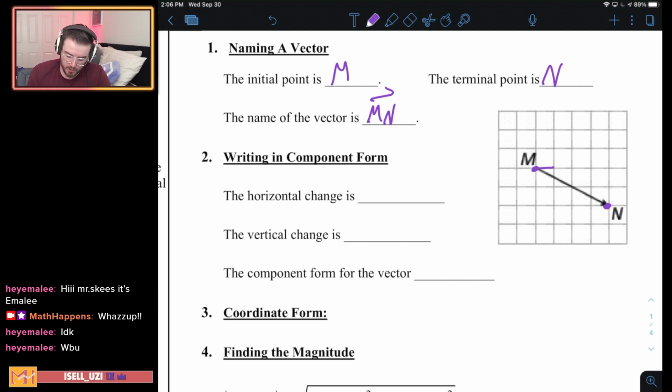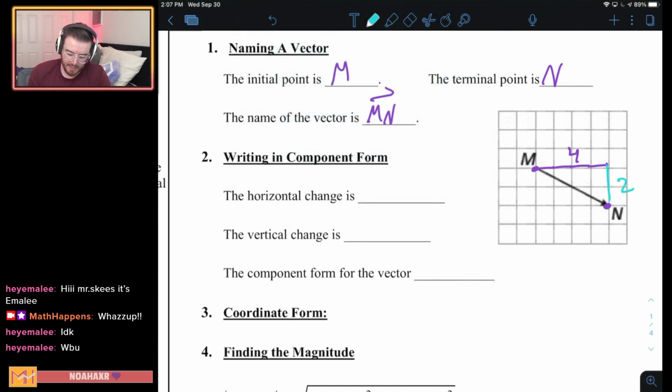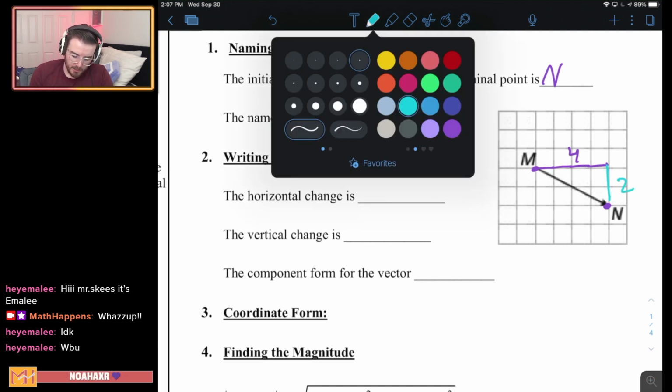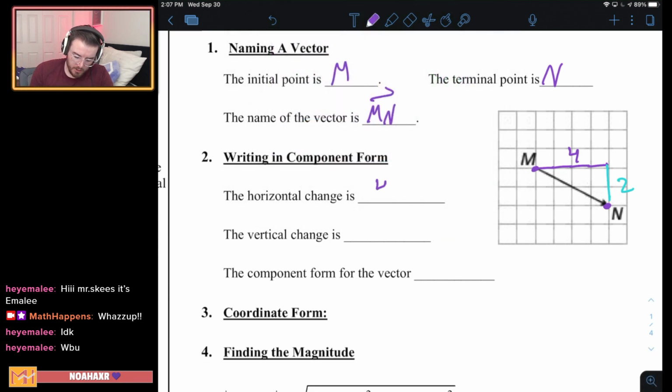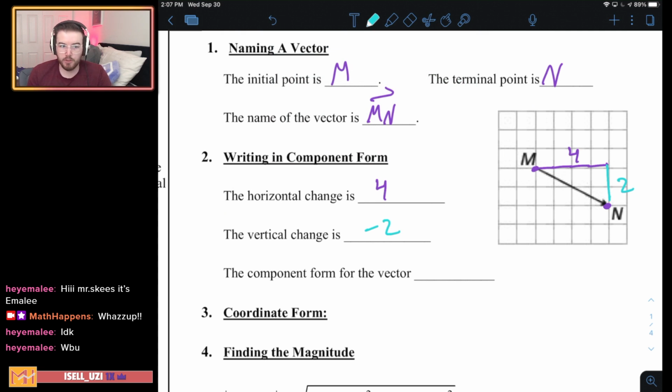We're moving 1, 2, 3, 4 to the right and down 2, right? Let's switch up the color, and down 2. So the horizontal change is 4 and the vertical change is down 2, so negative 2.